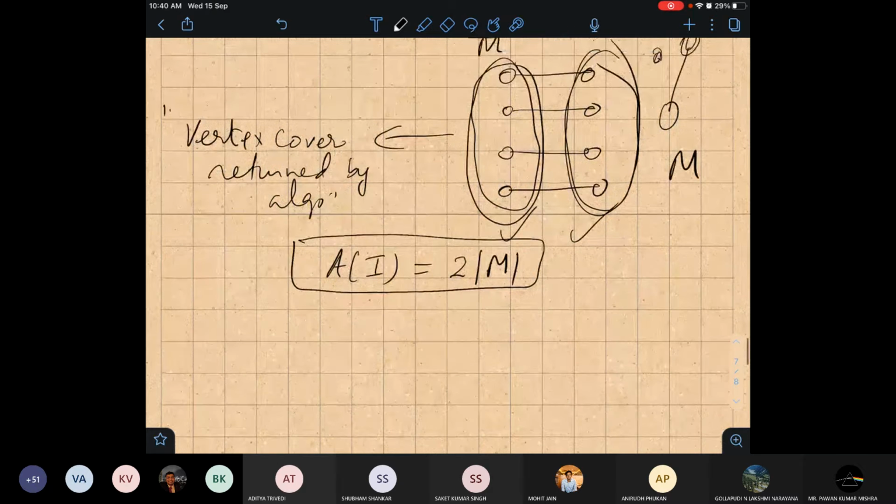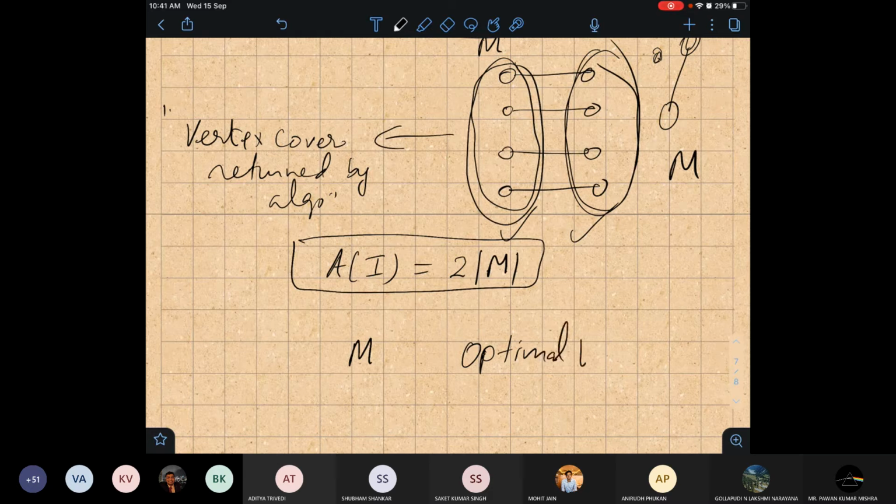So can you say something about optimal? Can we relate the maximal matching and the optimal vertex cover solution?